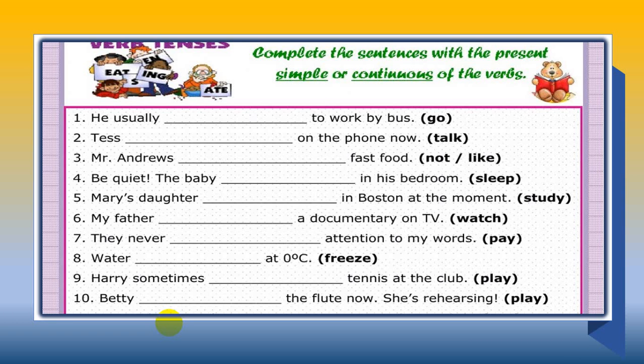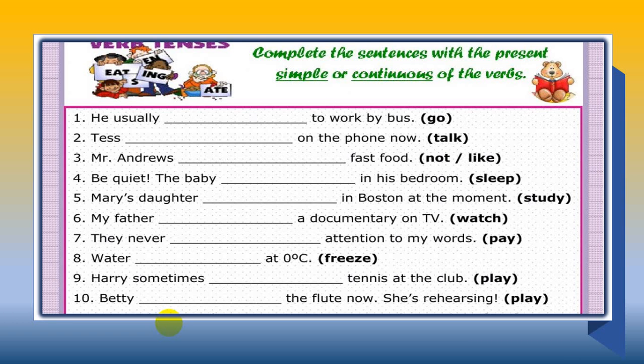Talk. Now. We have here the word now. So we will form the verb in the present continuous tense. We have here a man, so he, we put is talking. He is talking on the phone now.